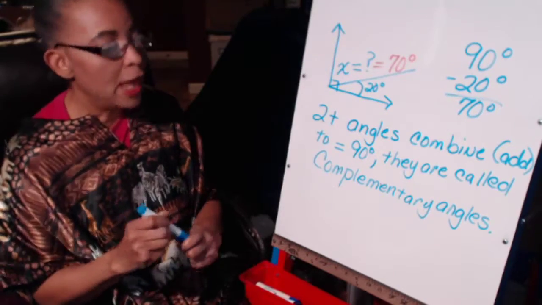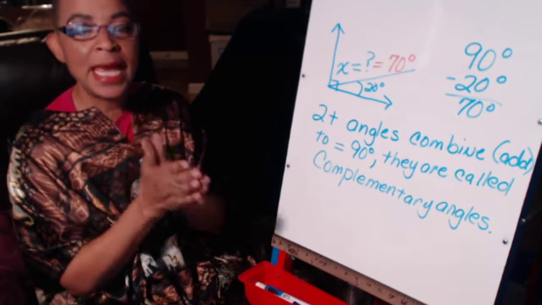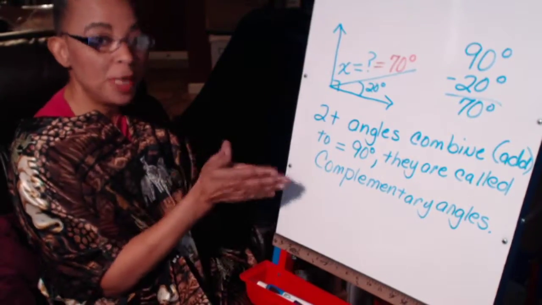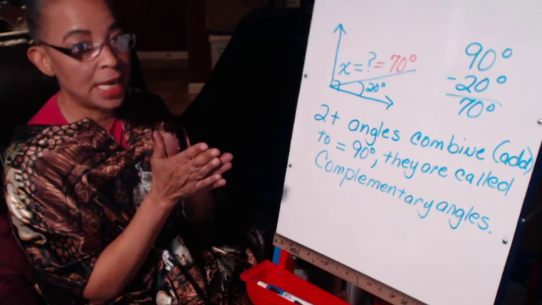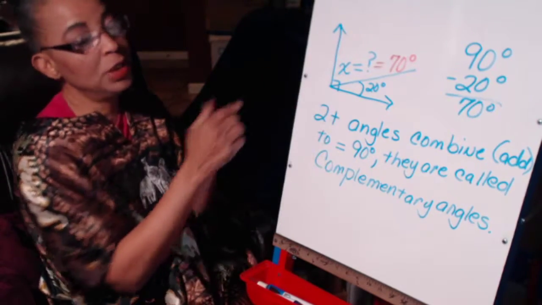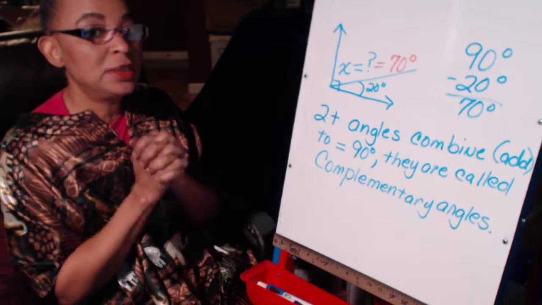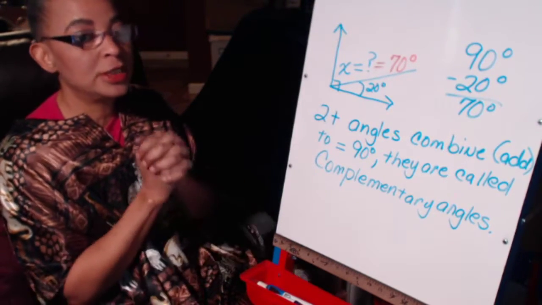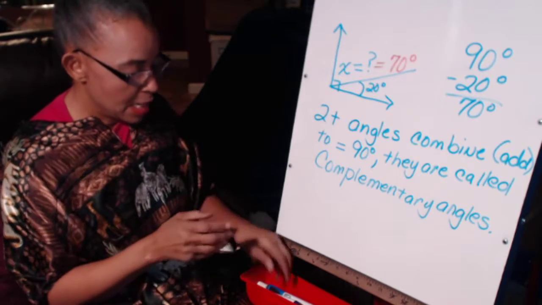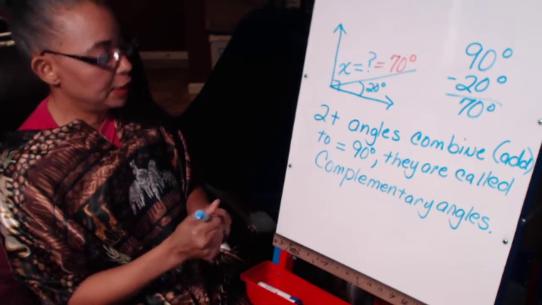And notice that we did the exact same thing with the complementary angles, which sum to 90 degrees. Add the two together, you should get 90 degrees, as we did with the supplementary angles, which sum to 180 degrees.